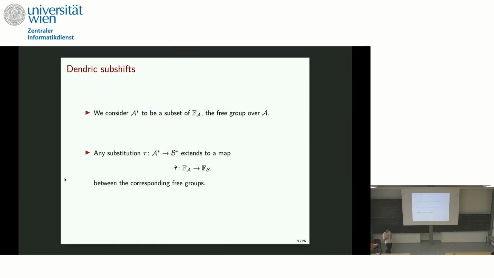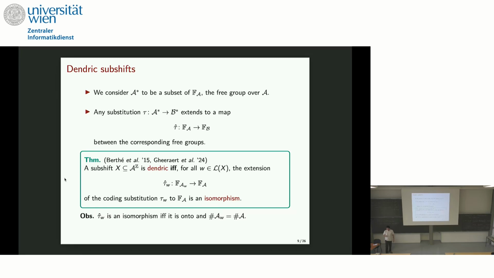Okay, the last thing is that we're going to work a bit on the free group. That's why we consider the monoid of words A star to be a subset of the free group in the natural way. Then we can also extend substitutions, which for me are morphisms, to the level of free groups in the natural way. There is a unique way of doing this. And with this, we can state one of the theorems.